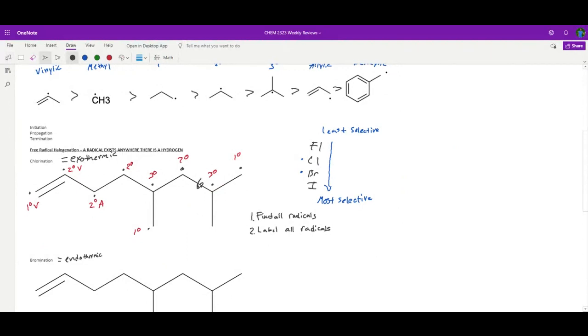It's similar to resonance where you have to draw multiple structures, but you don't have to draw the arrows because you're not resonating. So the first one, I'm going to draw a chlorine right here.